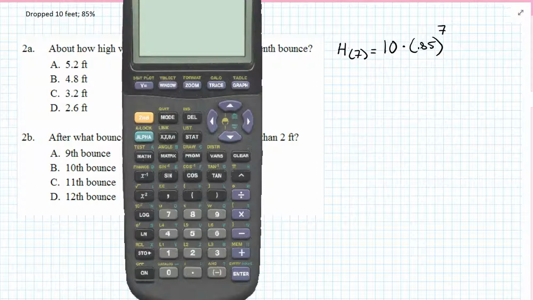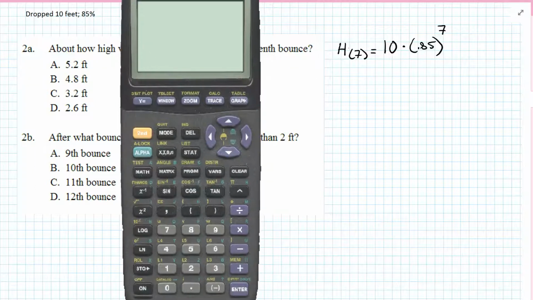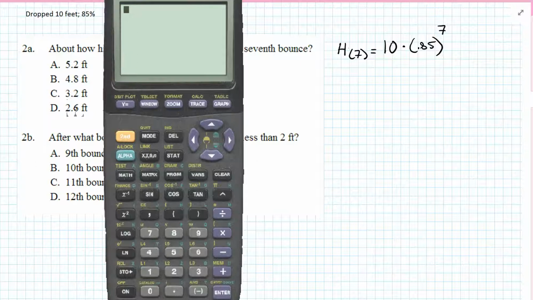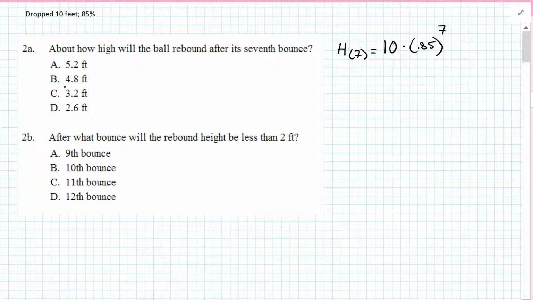So let's see that. So we're going to go 10 times 0.85 raised to the 7th power, and that's going to give us 3.20 feet. So the answer is C. 3.20 feet.